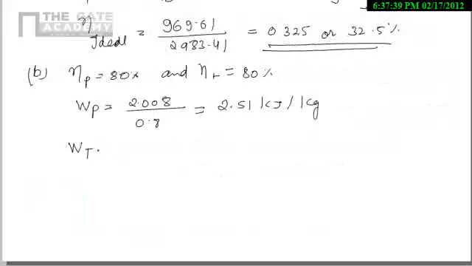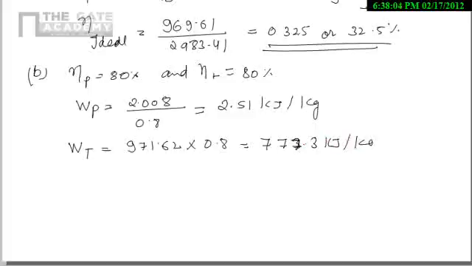Similarly for the turbine, for the ideal process we have 971.62, but in the actual process, due to 80% efficiency, it will produce less work, so it is coming 777.3 kilojoule per kg. So this one is Wp, this one is Wt.